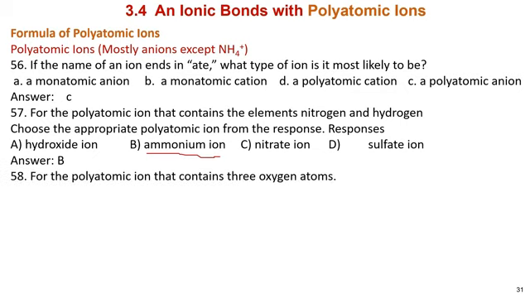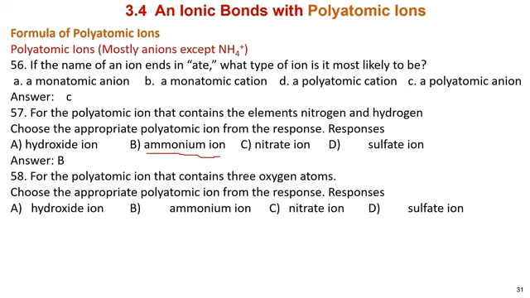Polyatomic ion that contains 3 oxygen atoms. Number 58. Nitrate ion, NO3. The polyatomic ion between nitrogen and oxygen that contains 2 oxygen is nitrite, NO2. Sulfate ion contains 2 negative, right?